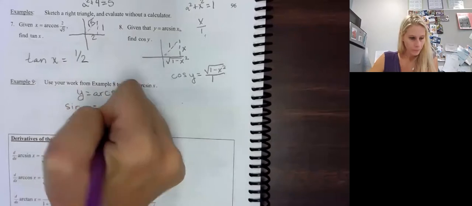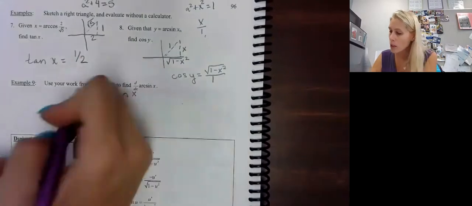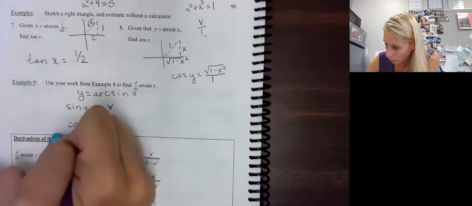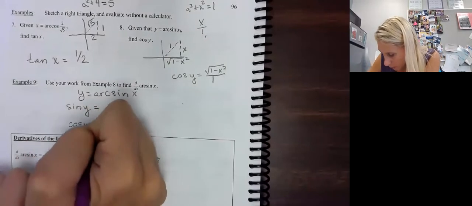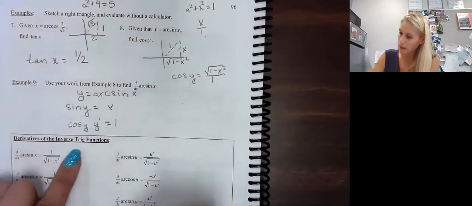So there we go. Now let's do our derivative, but don't forget this is implicit now. So the derivative of sine is cosine y, but we also have to multiply it by y prime, which equals 1.